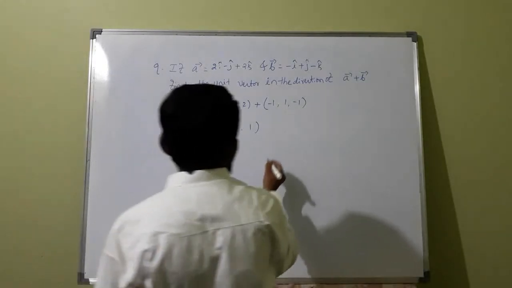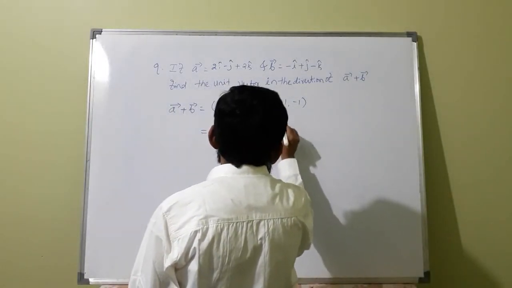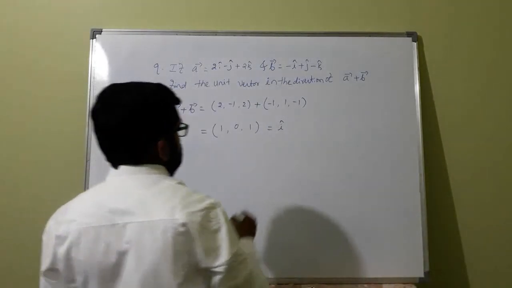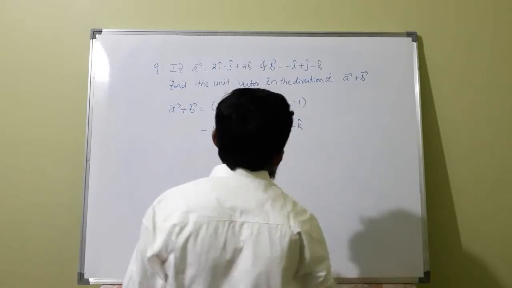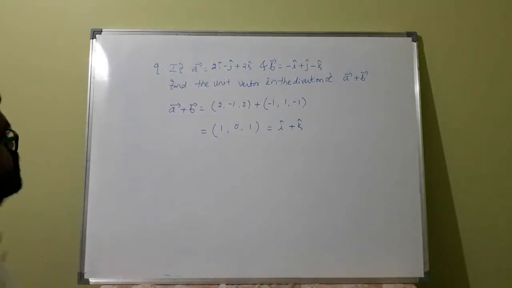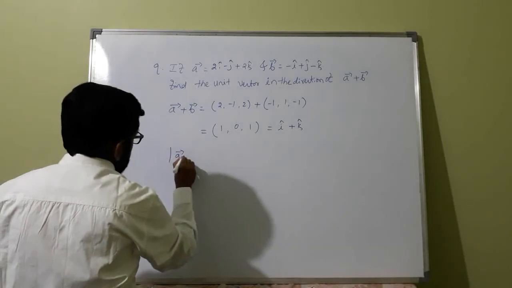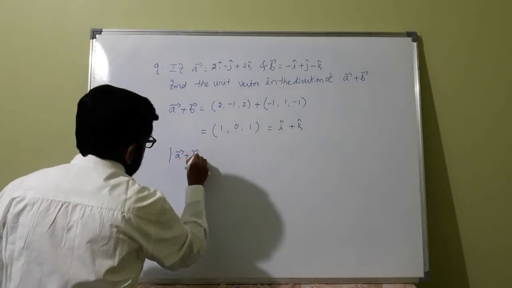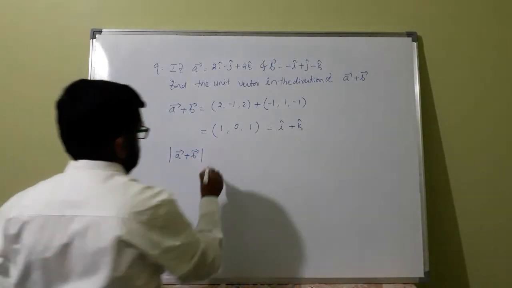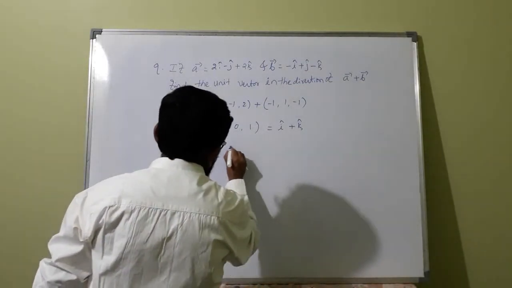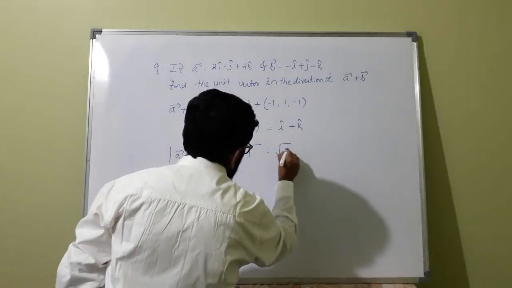That means this is i cap into 1 plus no j, so k cap. So this is A plus B. What is the magnitude of A plus B? Magnitude is square root of 1 square plus 1 square. That is 1 plus 1 is equal to root 2.